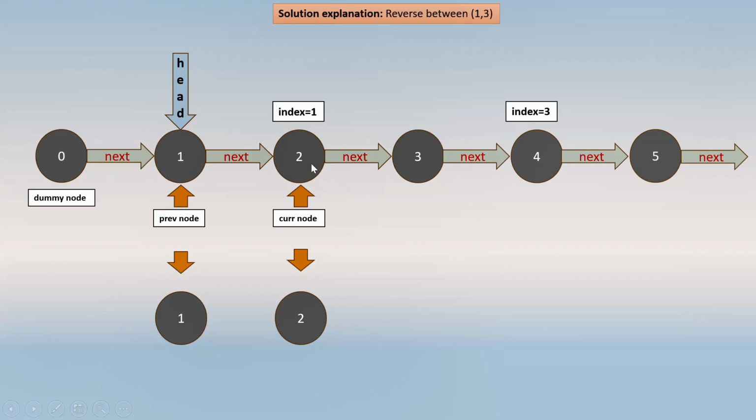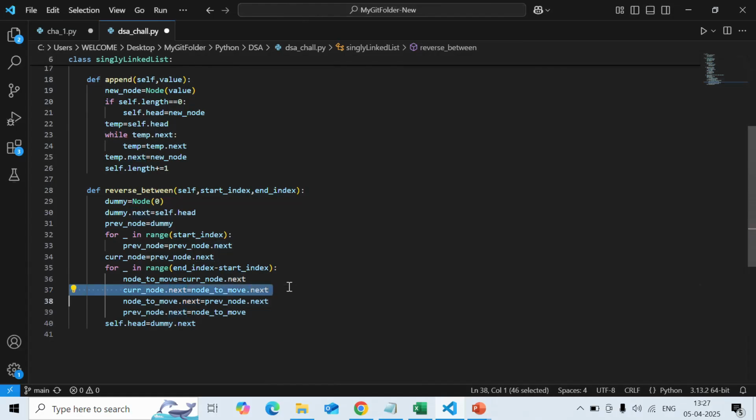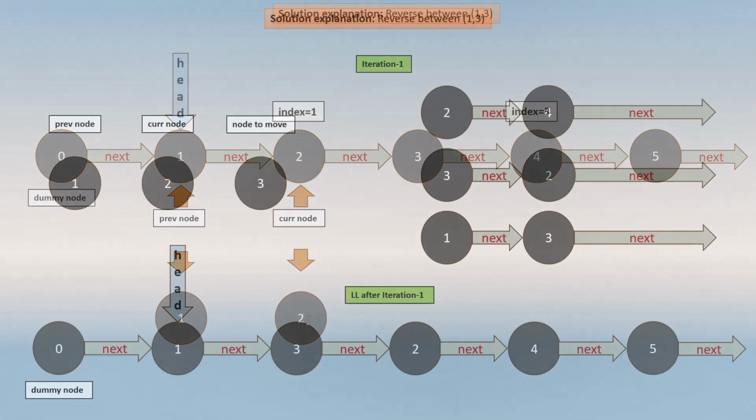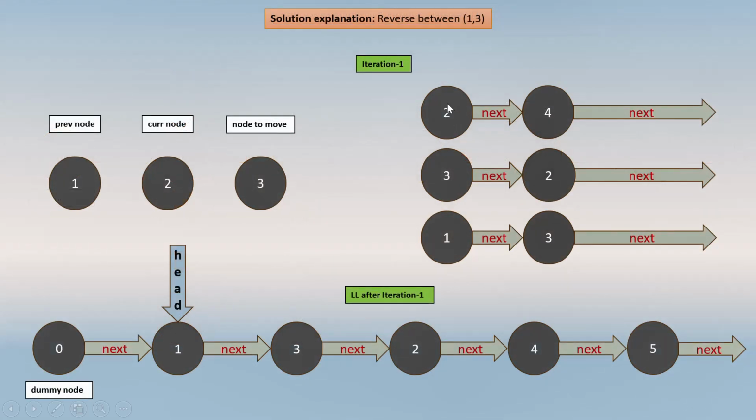So current node dot next will point to this node. So 2 will point to 4. This is the meaning of this second line of code. So this 2, which is current node dot next, will point to node number 4, which is node to move dot next, and rest all node after 4 would be same.